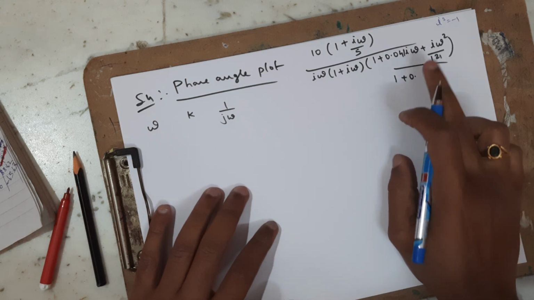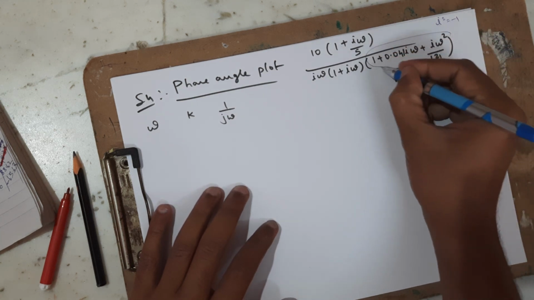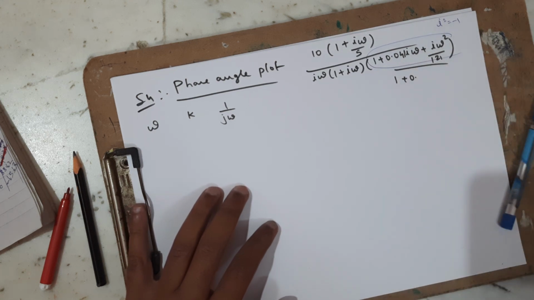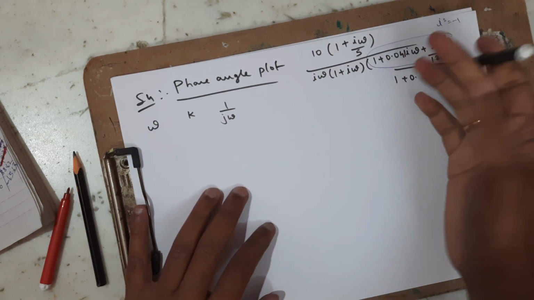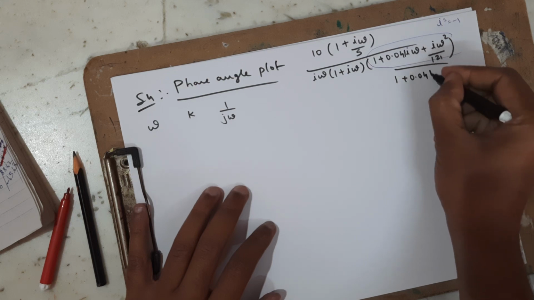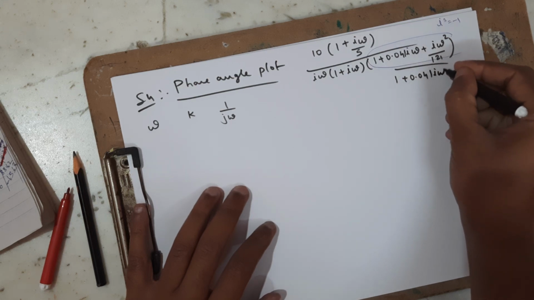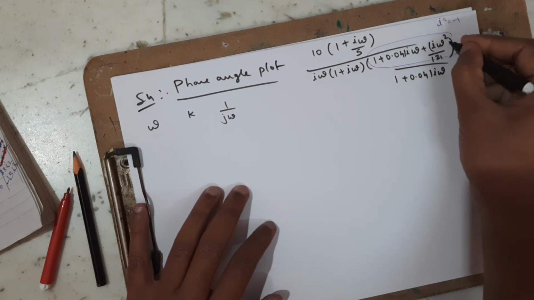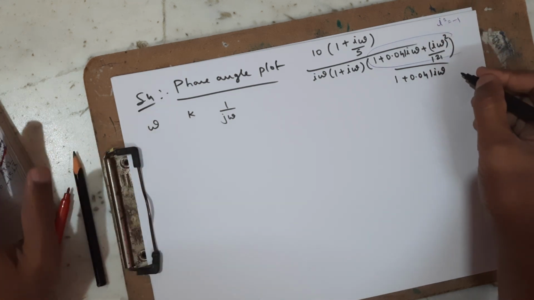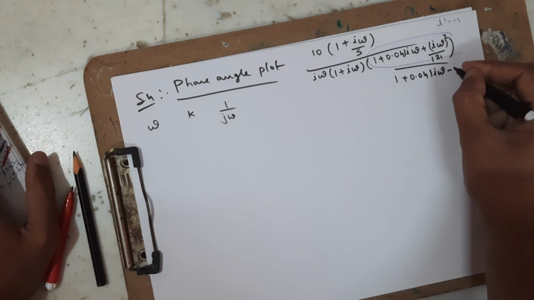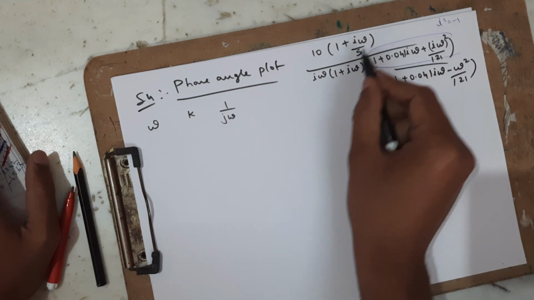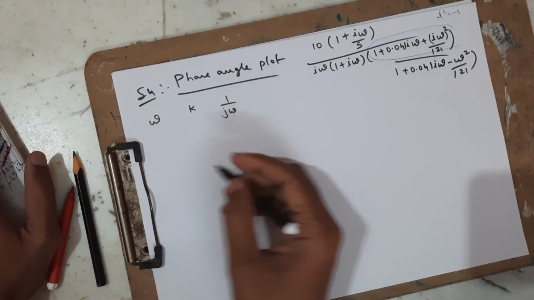This term can be written as 1 plus 0.041 j omega, and the j square term becomes minus omega square divided by 121. Okay, so these are the 5 factors we need to construct a table.